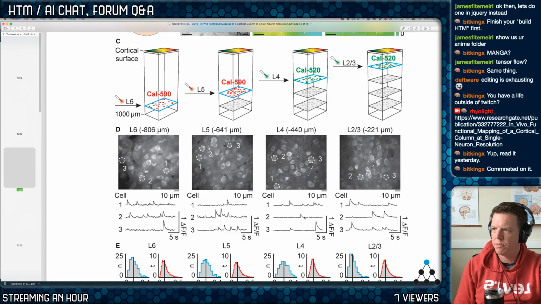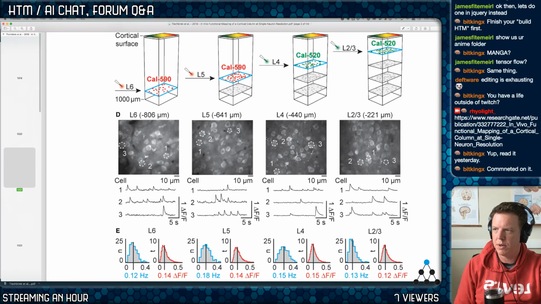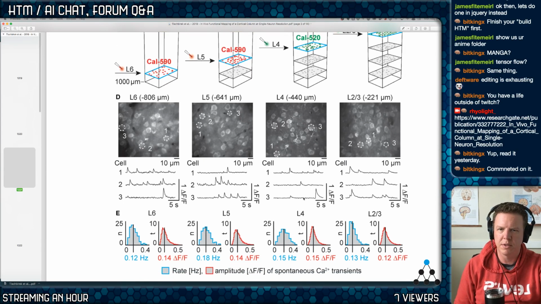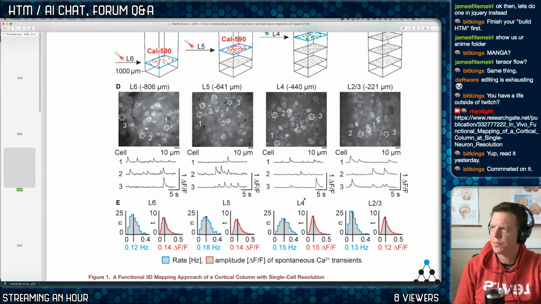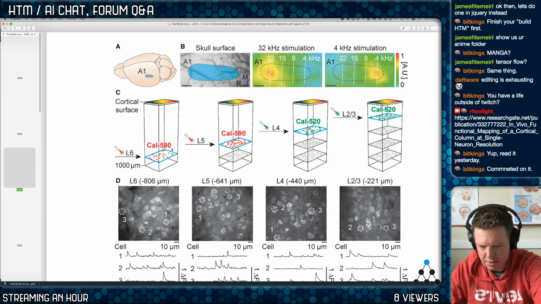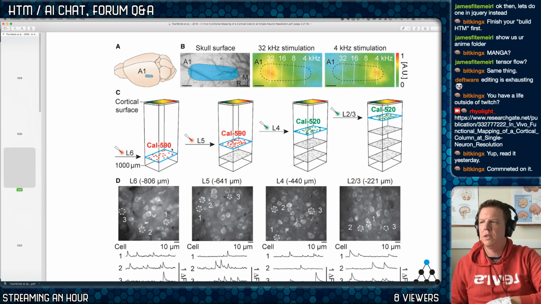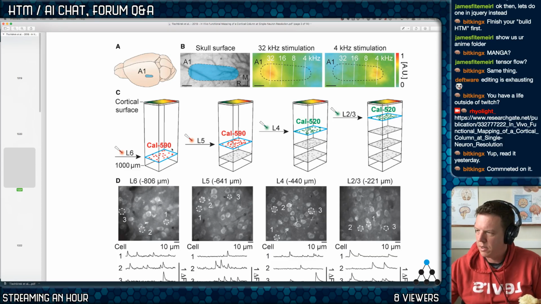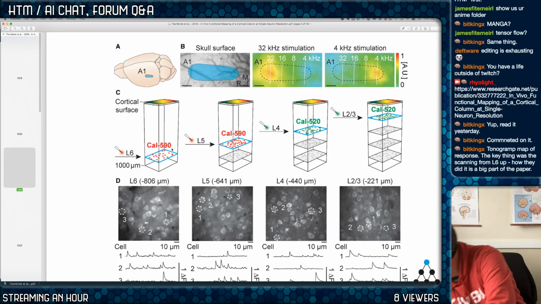I think there's available here more than just 3; this is just showing an example. This is cool because we usually don't get to see the activity in layer 6, layer 5. The lower you get, the harder it is to get this type of data.